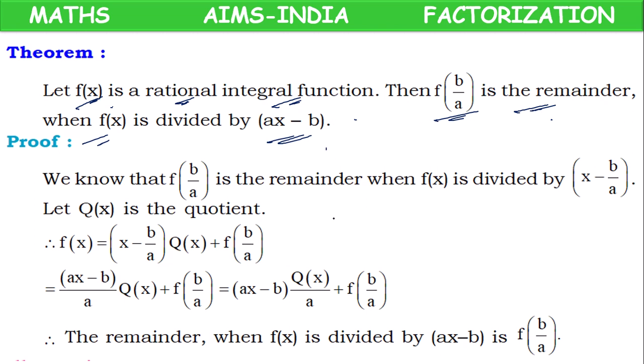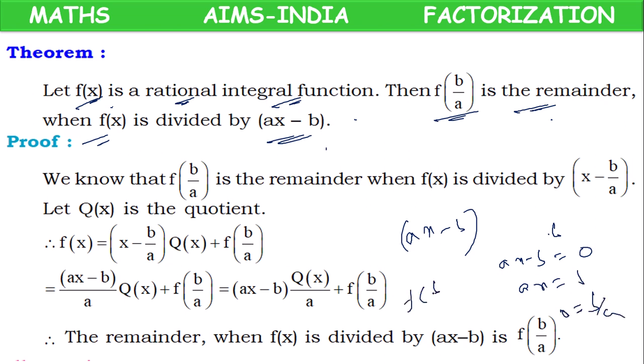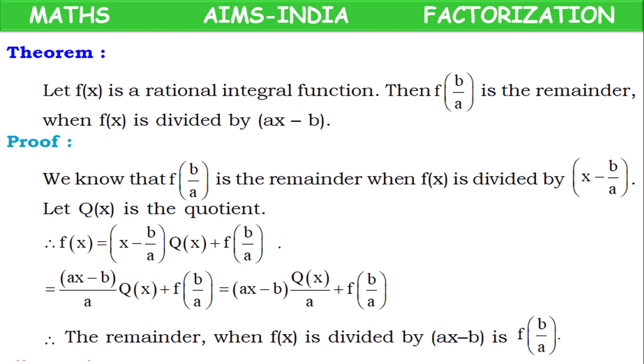So just now we have told, children, if it is in the form of ax minus b, then we have to assume ax minus b equals 0, ax equals b, x equals b by a. So then f(b/a) will be the remainder. No need of this theorem, children.